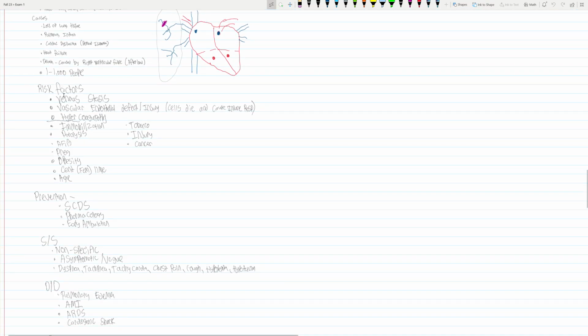Okay. Risk factors. When we're looking at risk factors, I wrote some generalized terms and broke it down a little bit. Venous stasis, so the stasis of venous blood flow. Vascular endothelial defect or injury. So the cells die within the vascular endothelium.